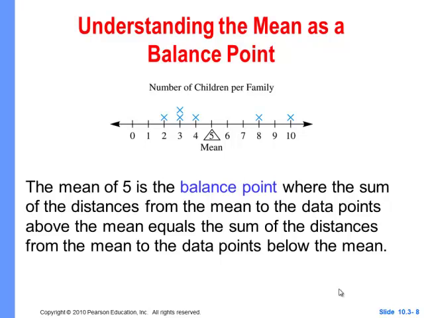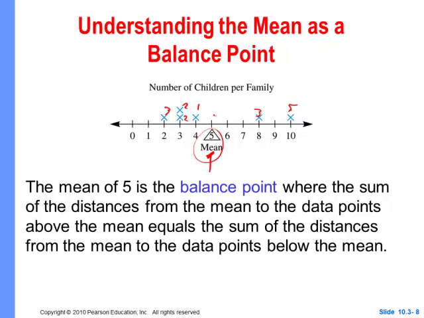So that's how they get the. Not that you would ever have to do it this way. I guess they just want you to see the connection. This is 1 away. This is 2 away. This is 2 away. This is 3 away. That sum will balance with this sum when the mean is right in the middle where it should be at here.